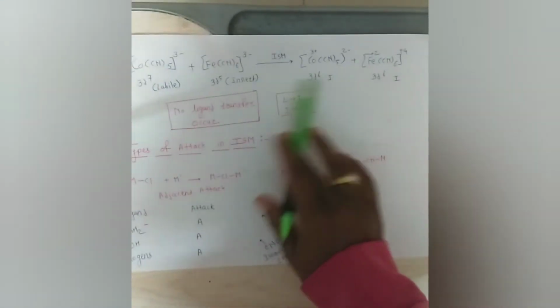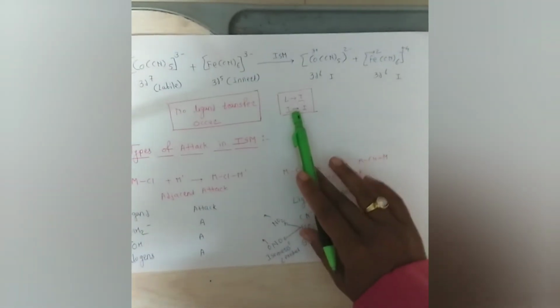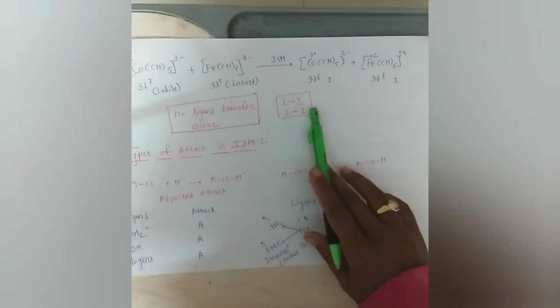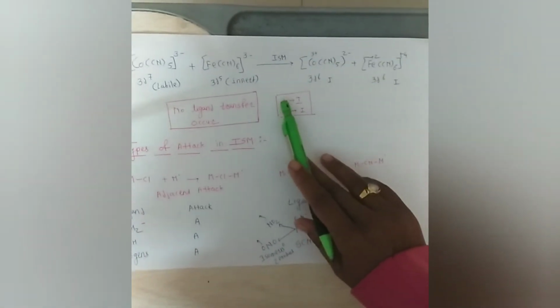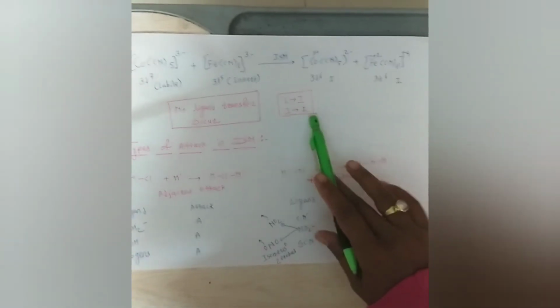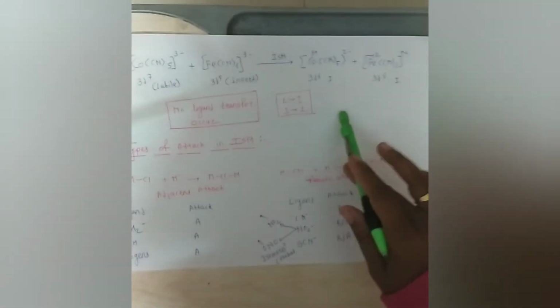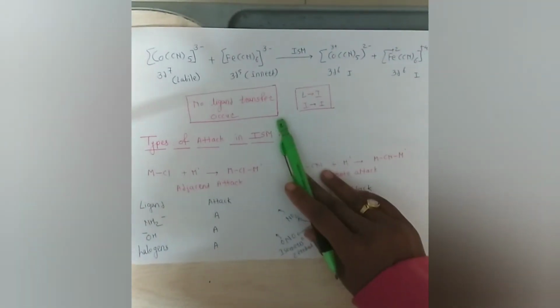So in both the conditions, the first complex is converted from labile to inert and the second complex is converted from inert to inert. If a change occurs, suppose labile converts into inert and in the second complex inert gets converted into labile, then hydrolysis of the inner sphere reaction occurs.